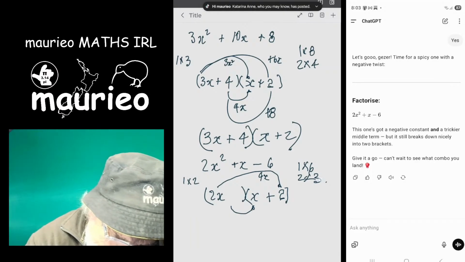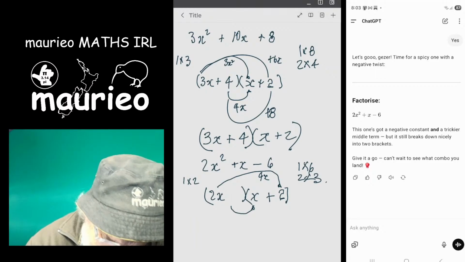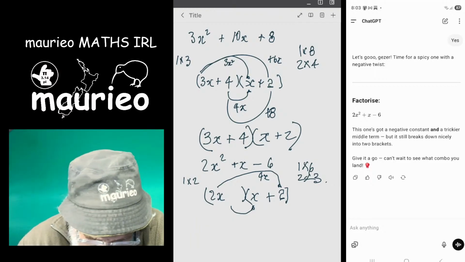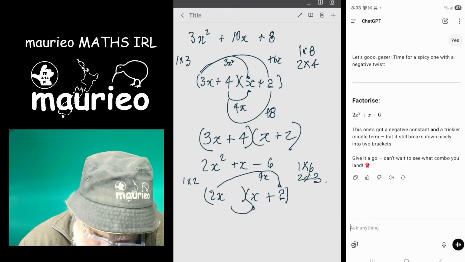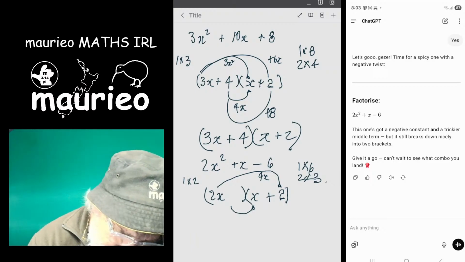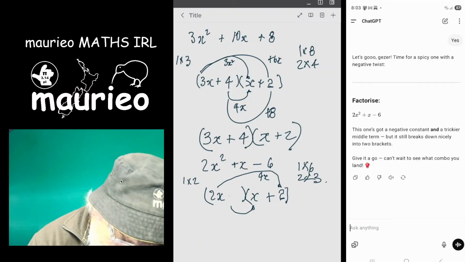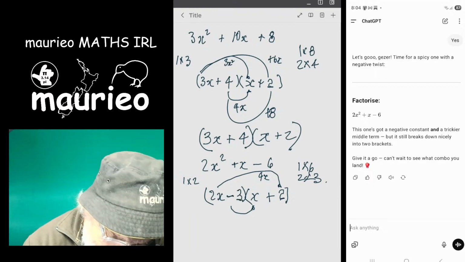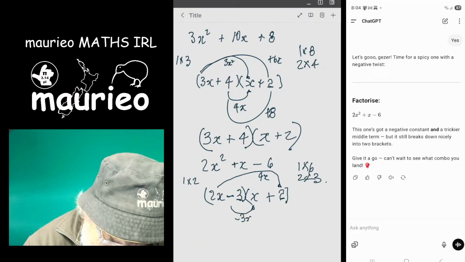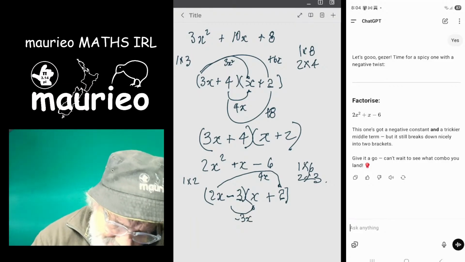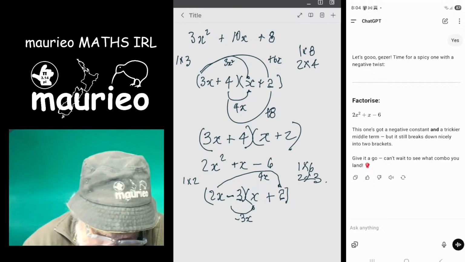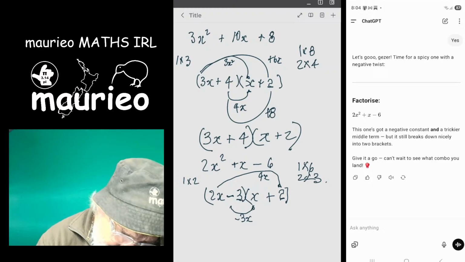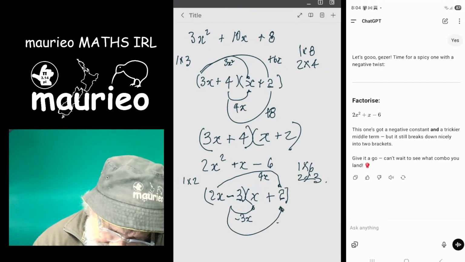And then if I put a negative 3 here, that's going to give us negative 3x. So we get 4x minus 3x is x. My God, I think we've cracked it. And then that gives us the negative 6.